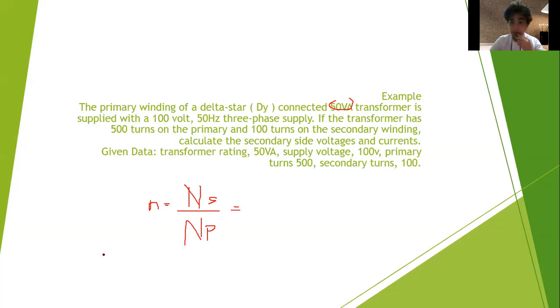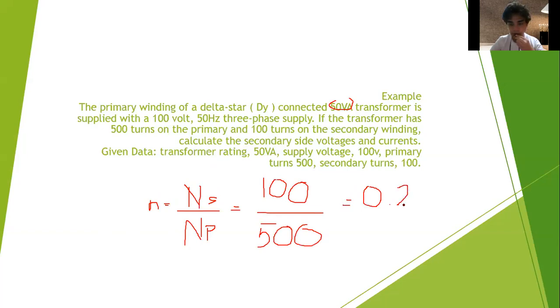This is the turns ratio that we solved earlier. So this one has 100 over 500, so n will be equal to 0.2. So that's how we start solving this problem, by obtaining this answer.